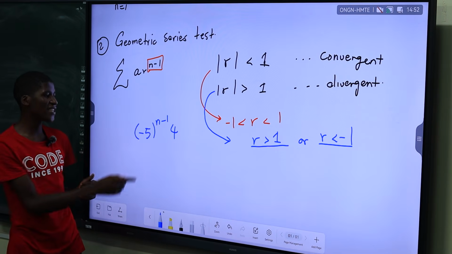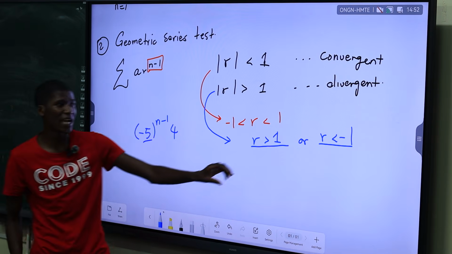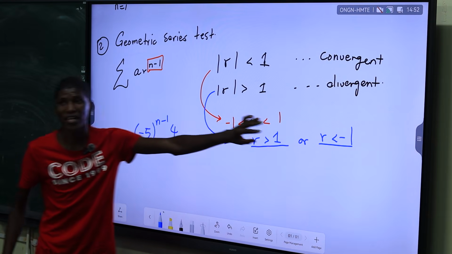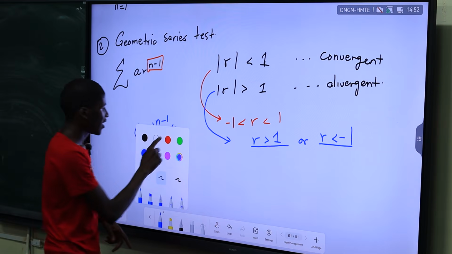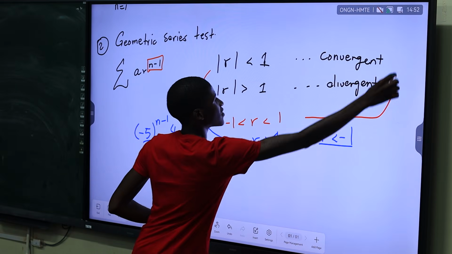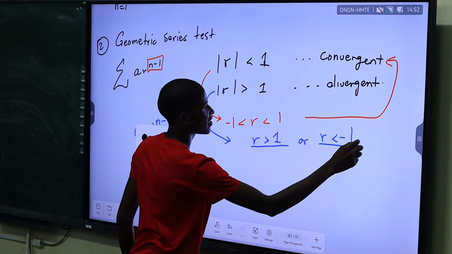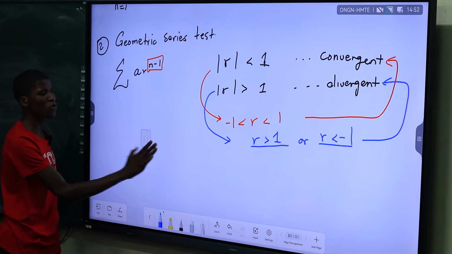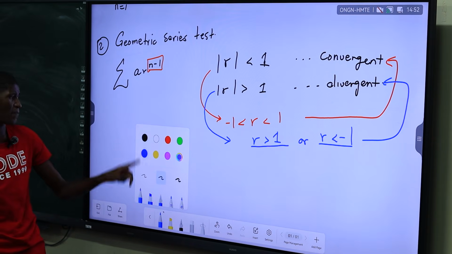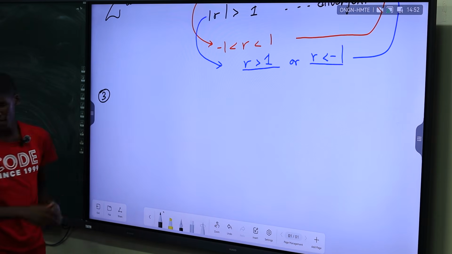The geometric series ratio is minus 5, which is less than minus 1. So this has to be divergent. So this is convergent, and this other one is divergent. I did it last time, by the way. I'm just revisiting all the tests now.